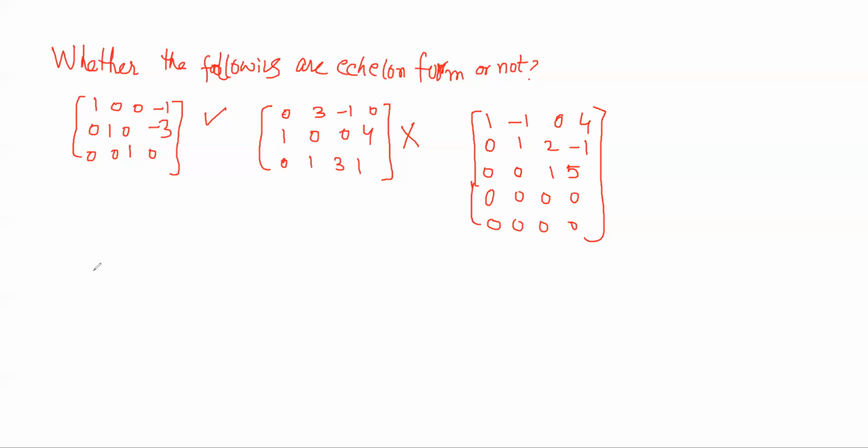Yes. According to the definition of echelon form, zero rows are allowed, but the condition is that zero rows should be at the end, in the ending rows. And the leading terms are moving in a stepwise direction. So this is echelon form.